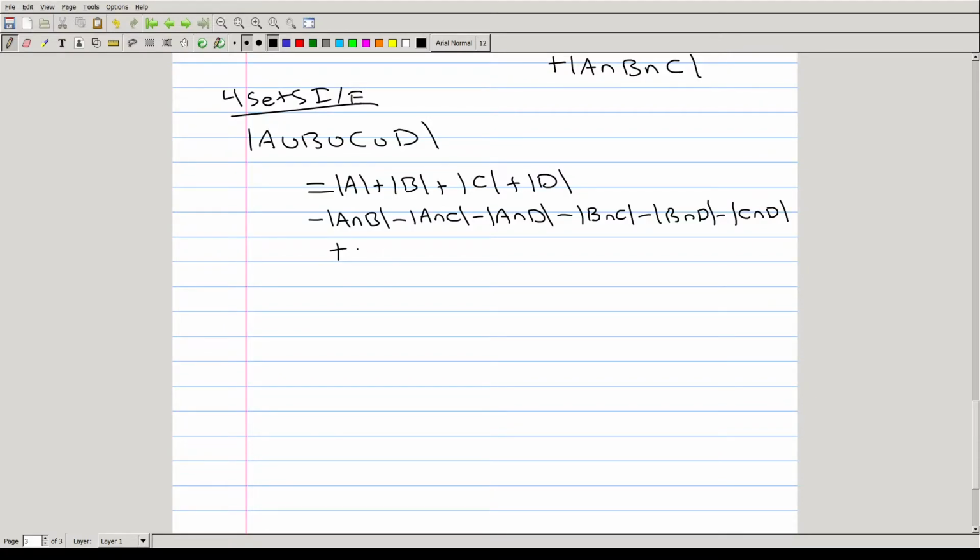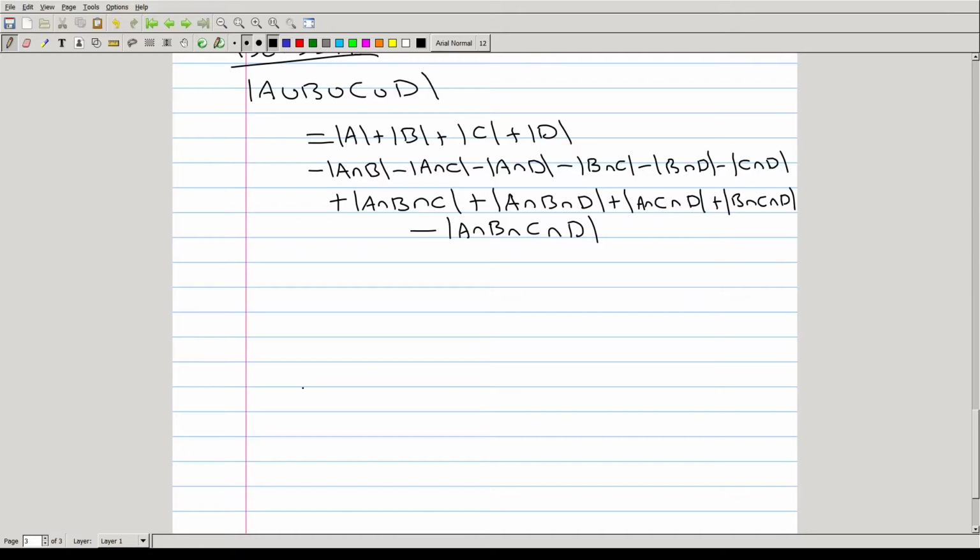Then we have to add back in all of the third order intersections, of which there are 4. And then lastly, we have to subtract out again the final intersection of all of the sets themselves.